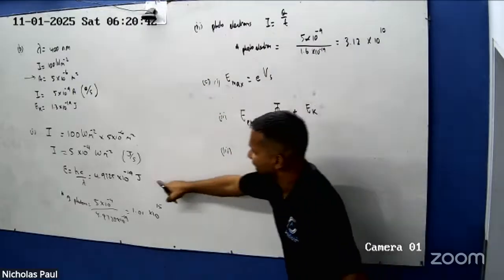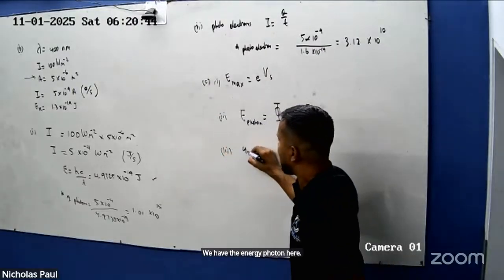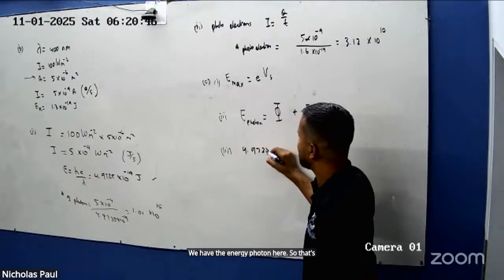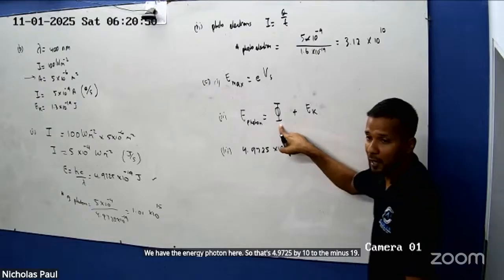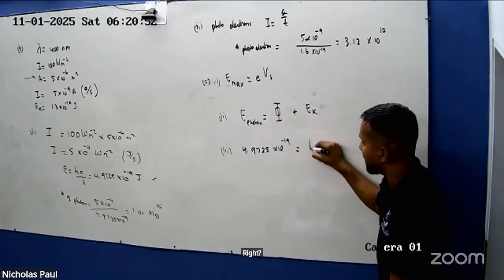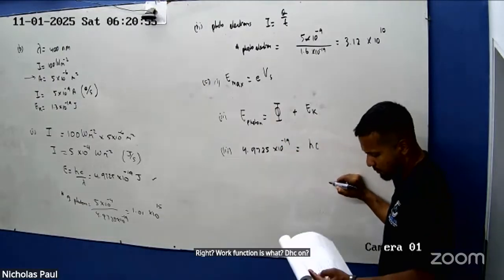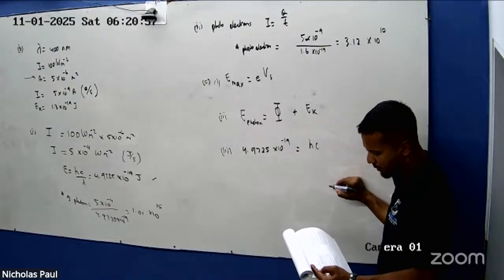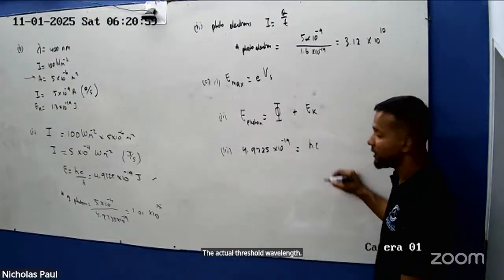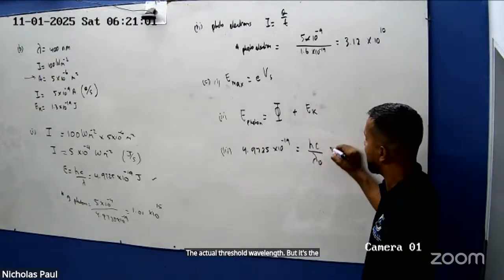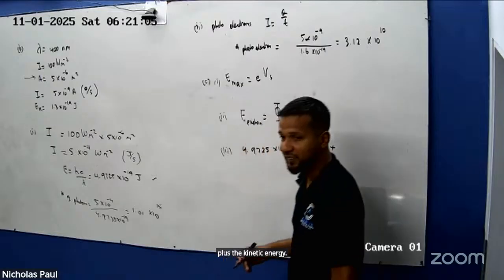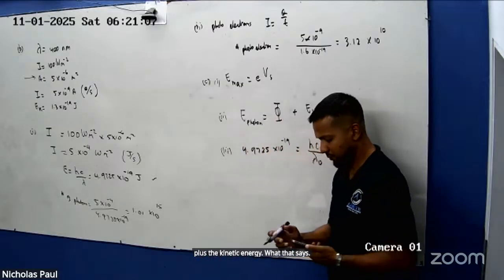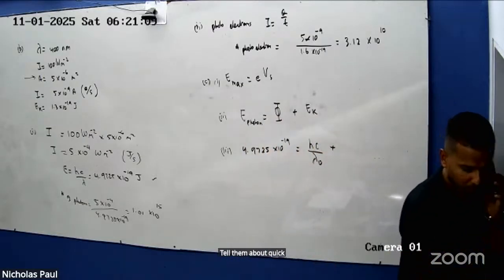We have the energy of the photon here, so that's 4.9725 by 10 to the minus 19. Work function is what? hc on the actual threshold wavelength. So hc on lambda naught plus the kinetic energy. What is that? Tell me quick.